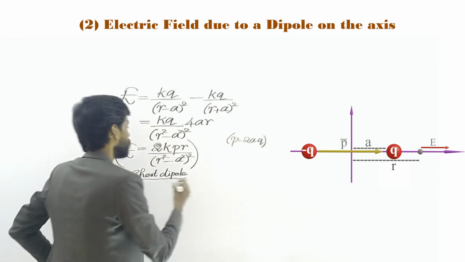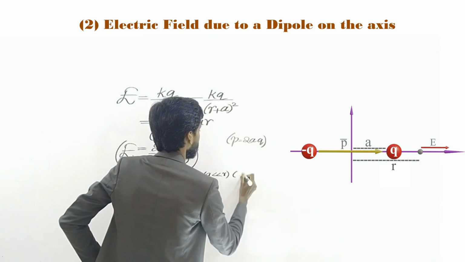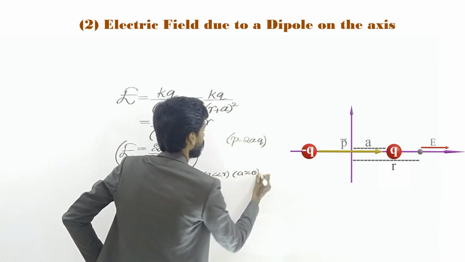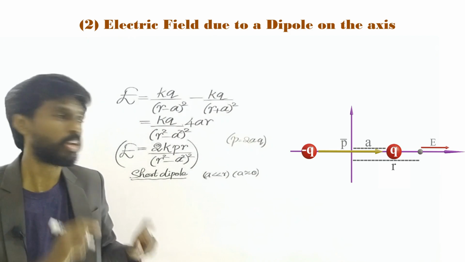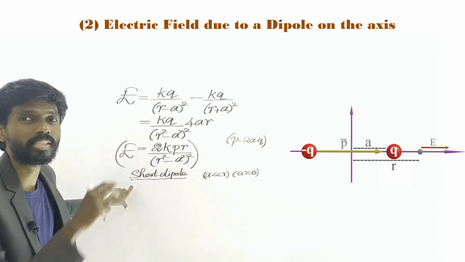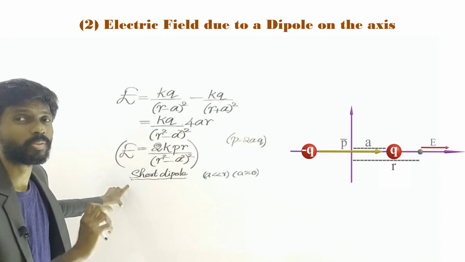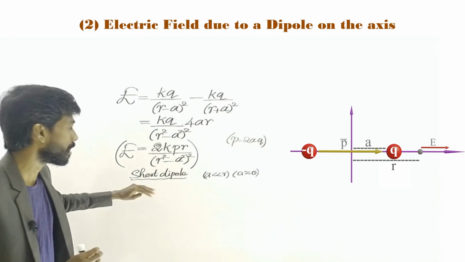So a is very, very less than r, or we can say that a is approximately equal to 0. a cannot be 0 because it's a dipole, but a is very close to 0. The distance between the two charges is very small compared to the distance r. So that is called a short dipole. So this is important.